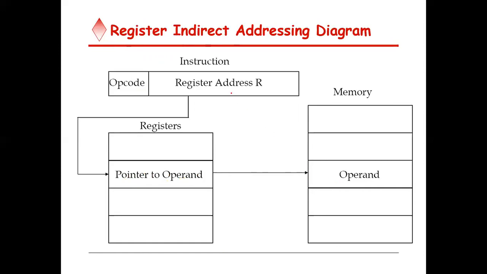When we studied register addressing mode, you have the opcode and register, and in that register itself you find the operand. But here there is one more address, so you again go to the memory and there you find the operand you require. That's why it is called indirect addressing mode.